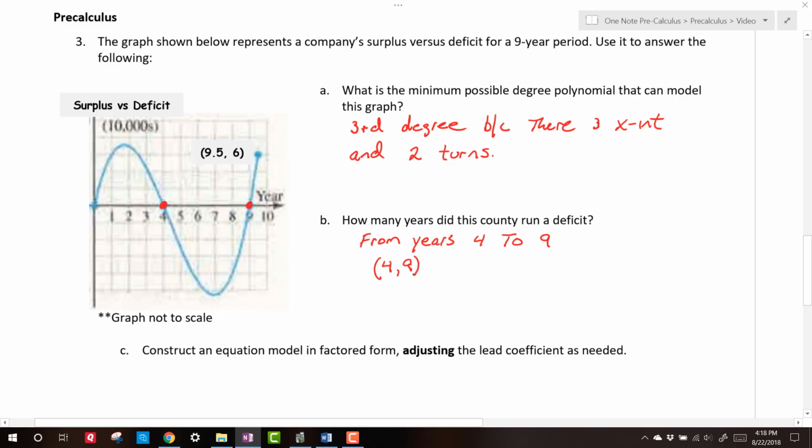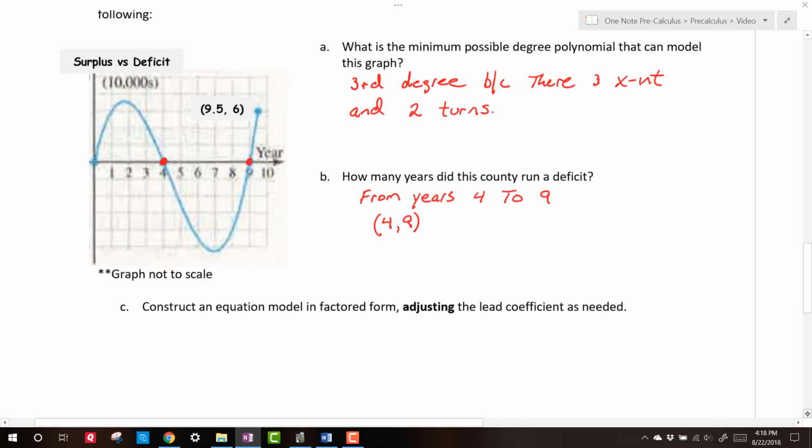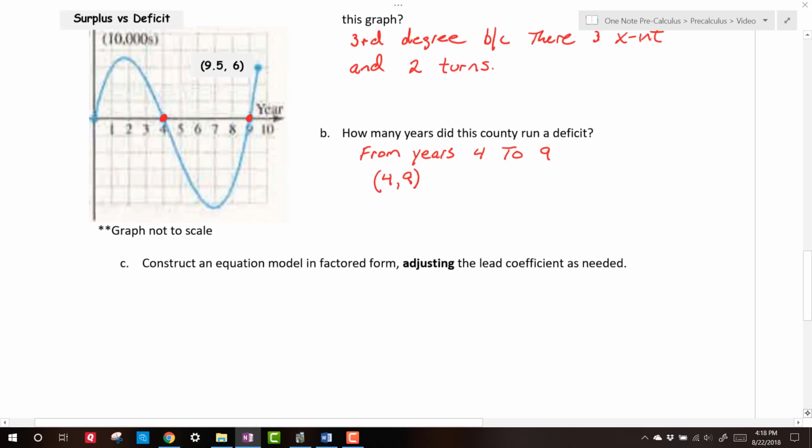Now, somewhere in year 4 we started the deficit, because at the intercept here at 4 comma 0, that's the beginning of year 4, and at the x-intercept here at 9, that's the beginning of year 9. So 9 we actually never touch, but somewhere in year 4 we're running a deficit, so we could use that notation to say that. The next part says construct an equation in factored form, adjusting the lead coefficient as needed.